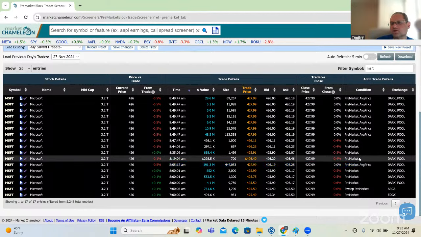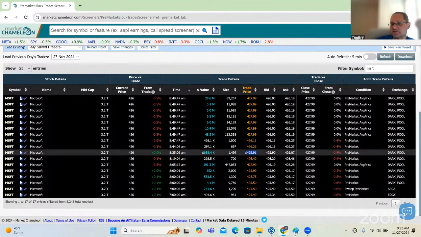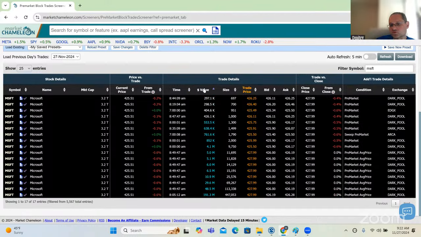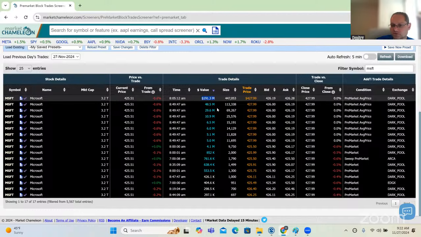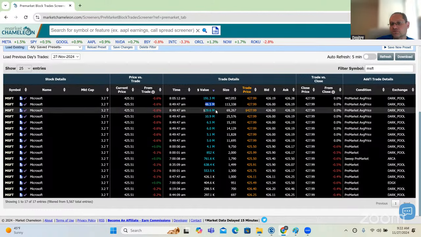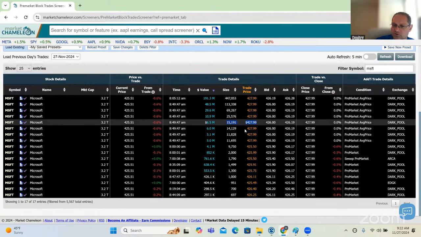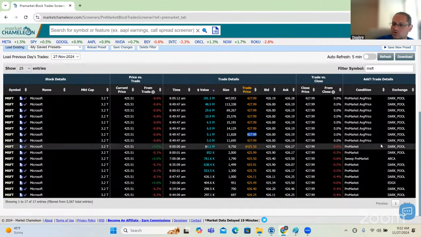But if we just look at the pre-market, we could see here. Let me see if I could sort it. We could even sort it by the value. So here, we could just sort it by value. 191 million, 48.5 million, 26.9 million. So a lot of them are happening here. I don't know exactly what this could be across.